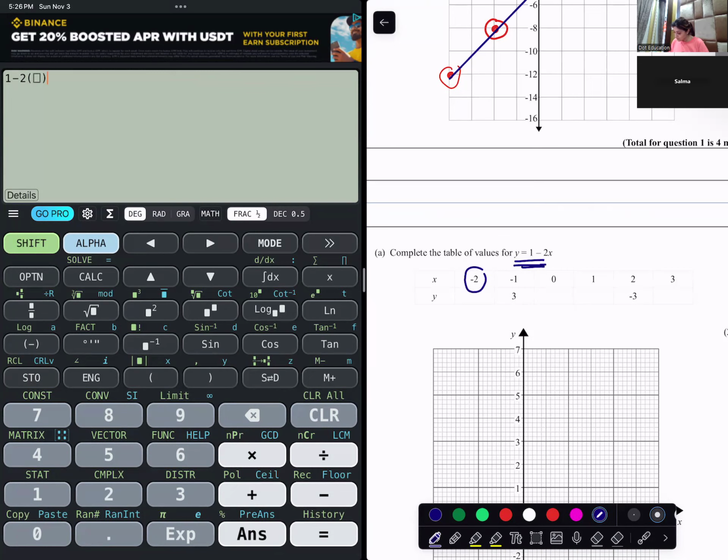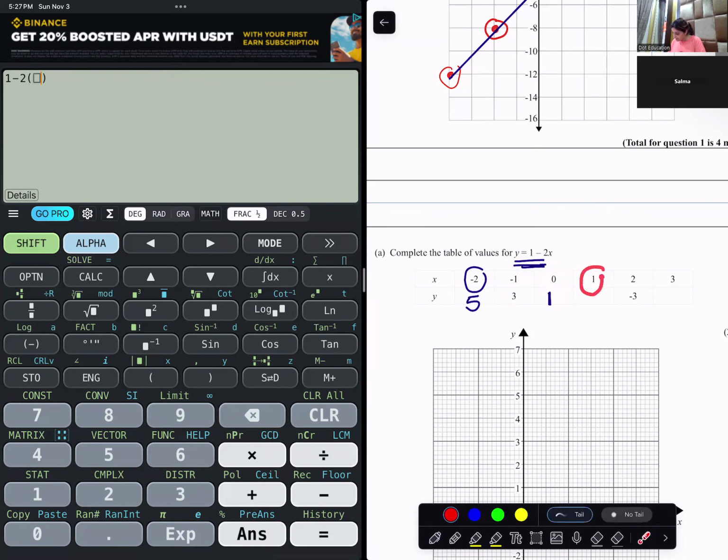X is minus 2, so instead of x, I will put minus 2. I will get y as 5. Now instead of x, I'm putting minus 1. Y will be 3. Instead of x, I'm putting 0. I get y as 1.